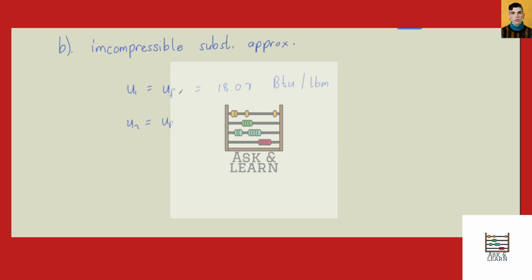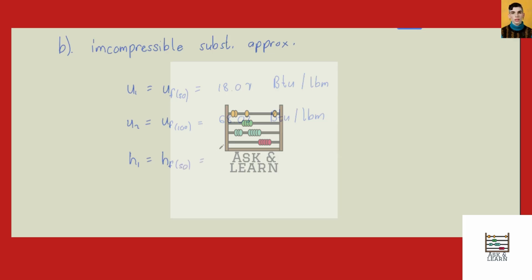UF at 100 degrees Fahrenheit, and this is 68.03 BTU per pound. So you can see U1 and U2 here. So now we can find H1, the enthalpy of state 1, is HF. Again, this is at 50 degrees Fahrenheit.